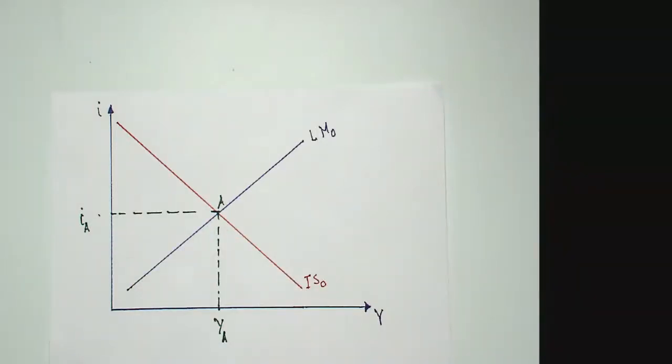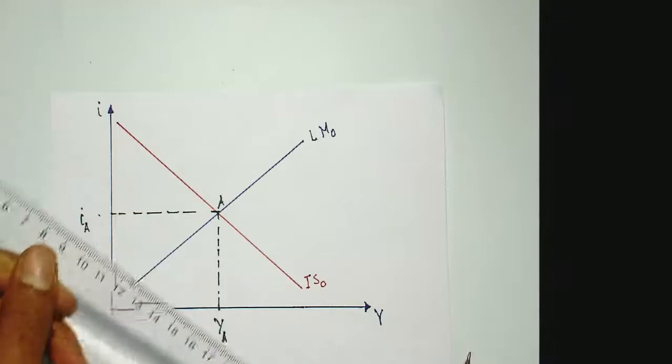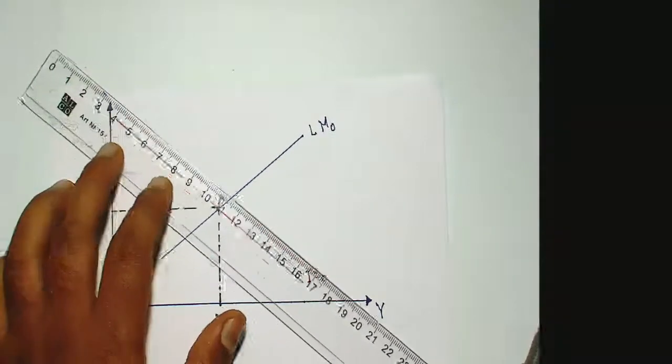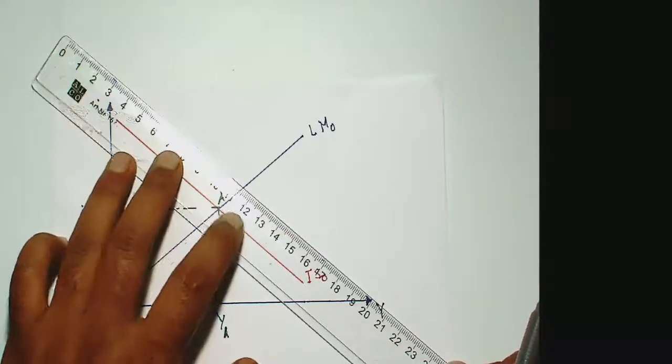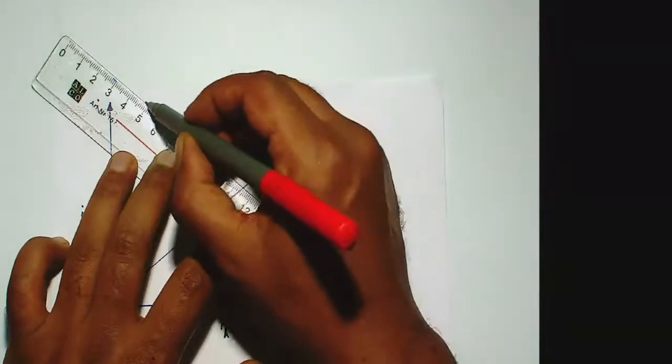So we are saying in our case that the government expenditure increased, and we have already mentioned that this is reflected in our IS curve. So our IS curve would have to shift outside to the right by 50 units as we have just calculated.